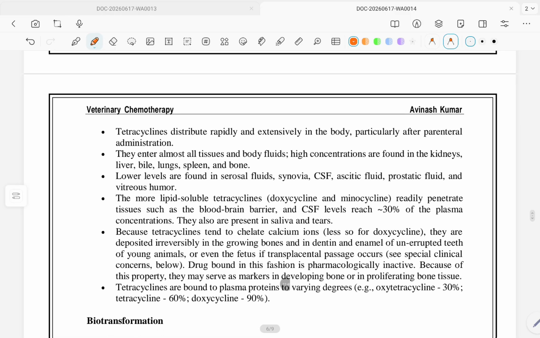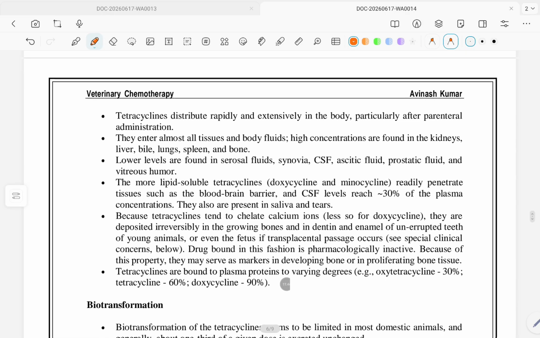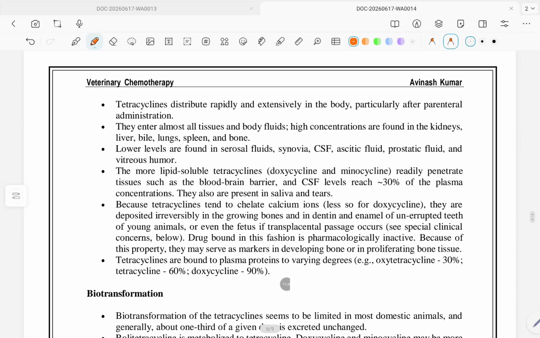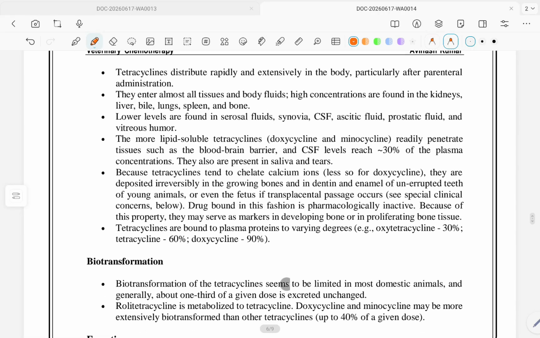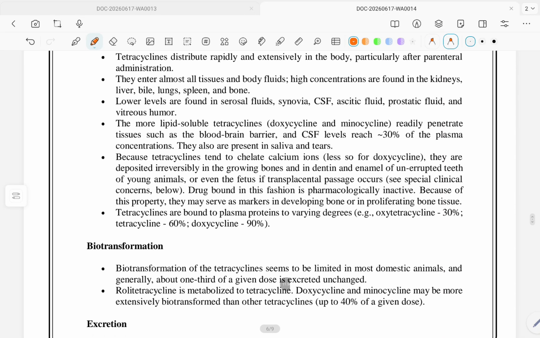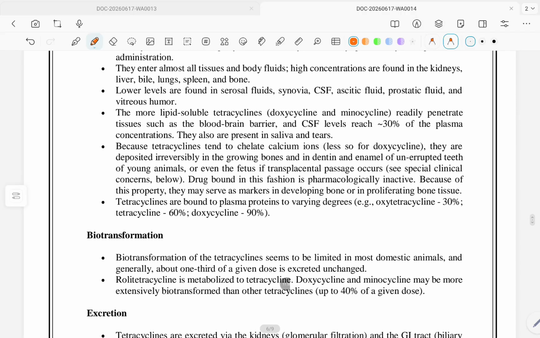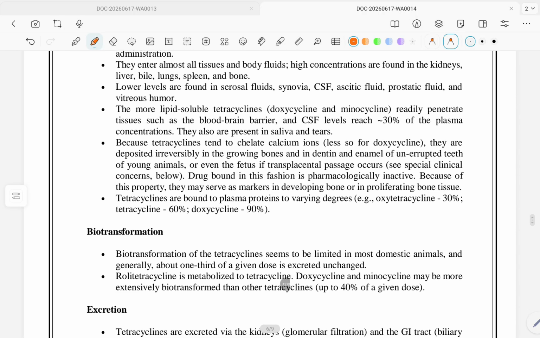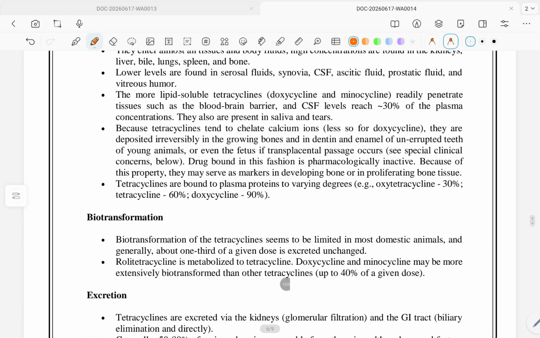Lower levels are found in serosal fluid, synovia, CSF, ascitic fluid, prostatic fluid, and vitreous humor. The more lipid-soluble tetracyclines, doxycycline and minocycline, readily penetrate tissues such as the blood-brain barrier, and CSF levels reach 30% of the plasma concentration. They also are present in saliva and tears.